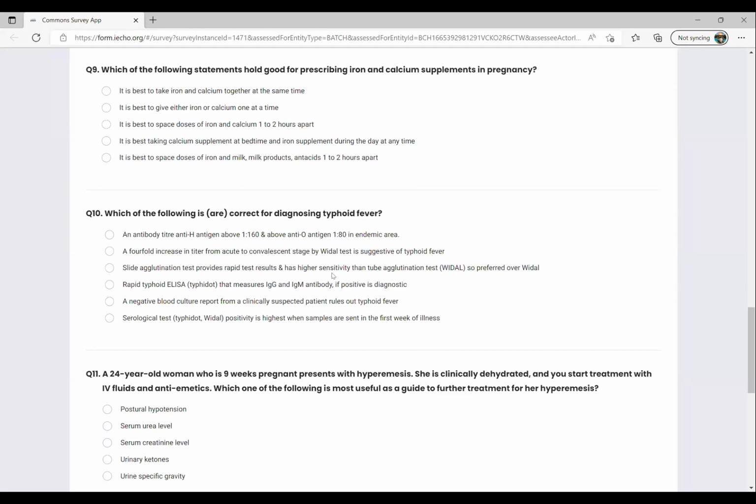So you cannot rely on these tests for the diagnosis of typhoid fever. And blood culture may also be negative in 60% of the cases. If there is a negative blood culture, that does not mean that it rules out typhoid. The patient may still have typhoid.